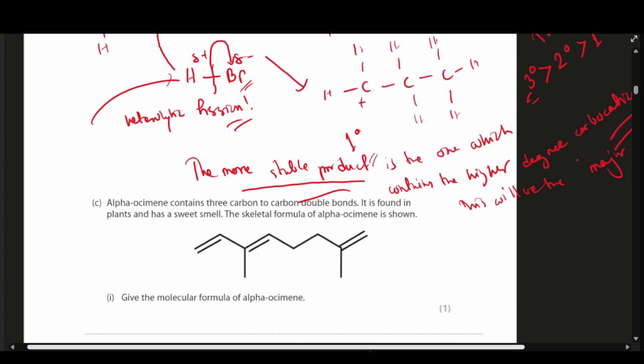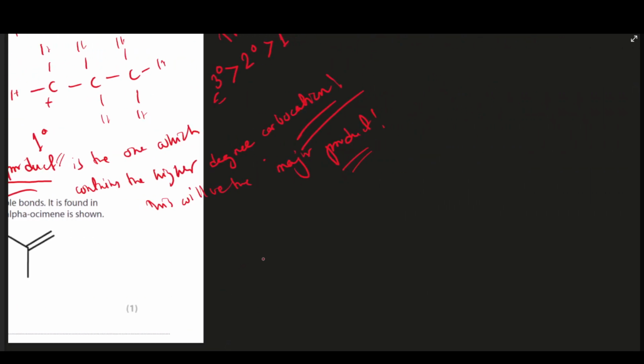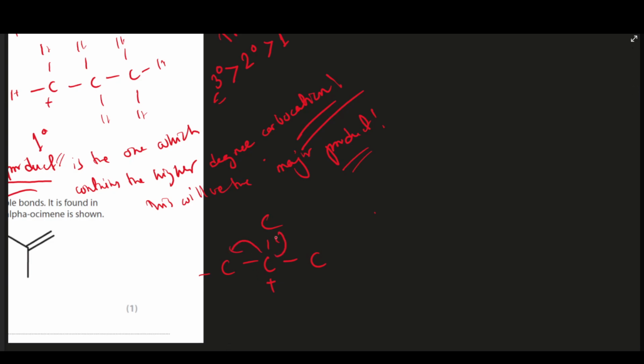Okay, so it's pretty simple. If we check this out right here, remember, if the central carbon where the carbocation is produced, let's say the carbocation is produced here. Now if this carbon is connected with three other carbons, then it's third degree.